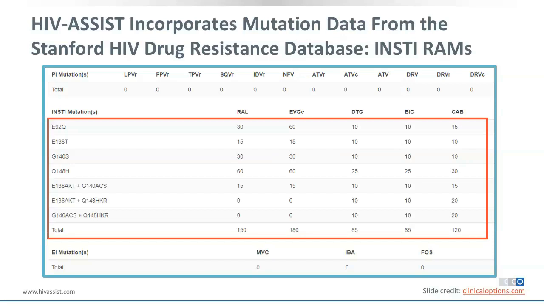But this was a patient, and one of the first I've seen in a while, who had very high level integrase inhibitor resistance to all the agents that we had access to. So you can see here with her mutations, each of the integrase inhibitors is fairly highly compromised and not good backbones for a regimen for her. And so we were moving towards a regimen that did not include any integrase inhibitors.